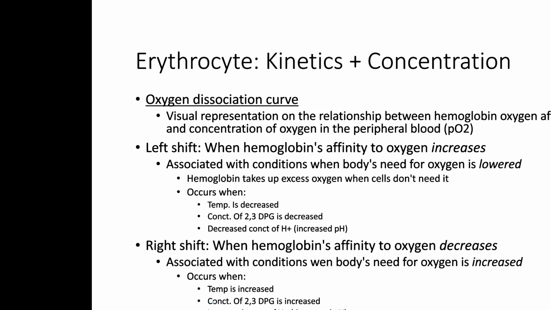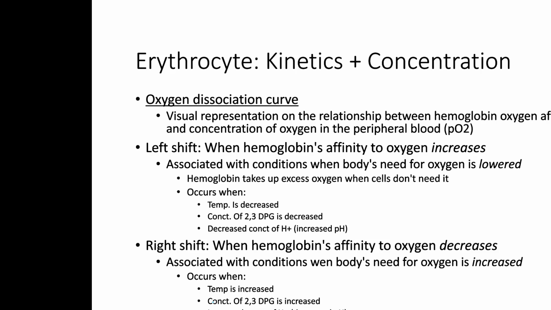This will happen when temperature is decreased, 2,3-DPG concentration has gone down, and you have an increased pH. In a right shift, hemoglobin's affinity to oxygen will decrease. And this is associated with when your body needs oxygen more. So this will occur when temperature is increased, concentration of 2,3-DPG is increased, as well as a decreased pH.